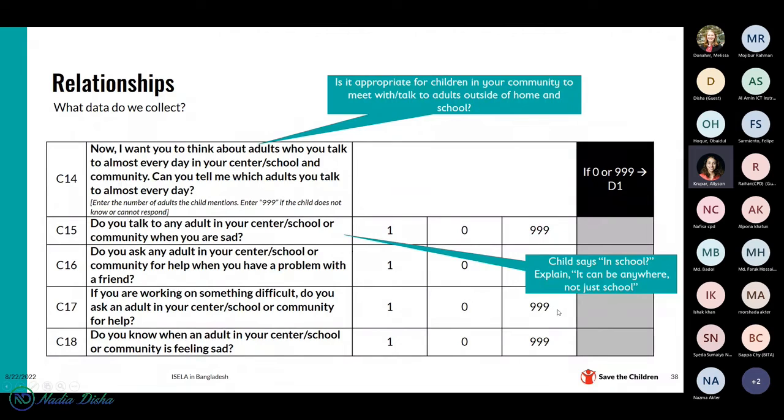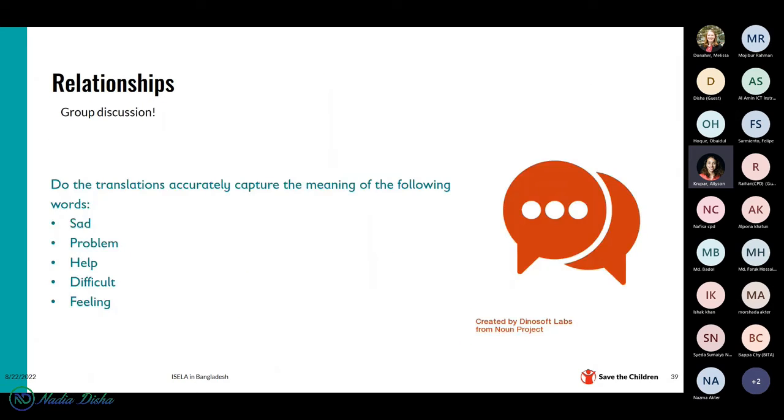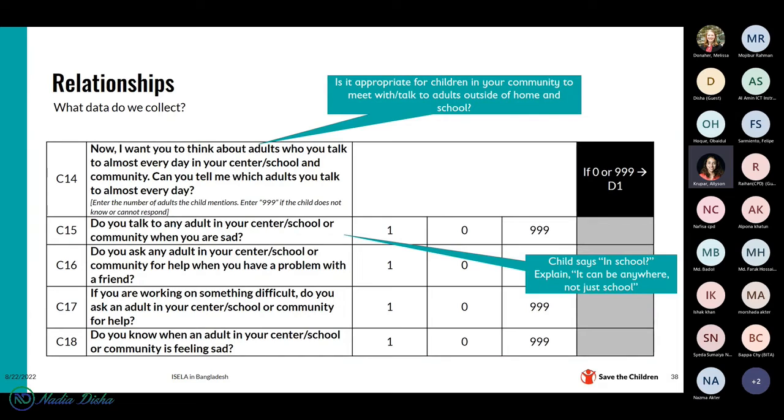So it can be anywhere, not just in school. So maybe they talk to a neighbor or a family friend, or again, a religious leader. And then do you ask any adults in your center or school or community for help when you have problems with a friend? So again, all of these questions mirror each other and are measuring similar uses of social support or empathy.